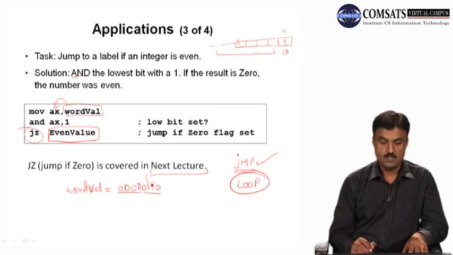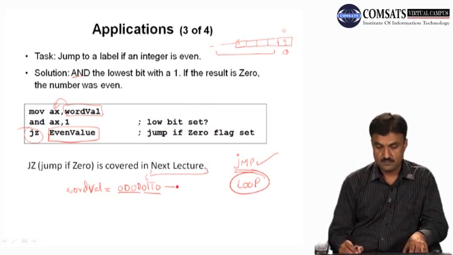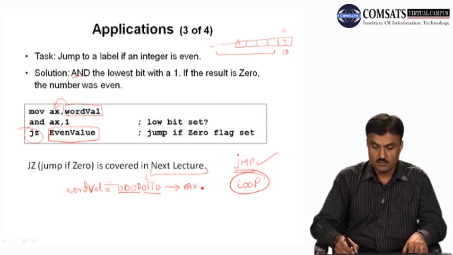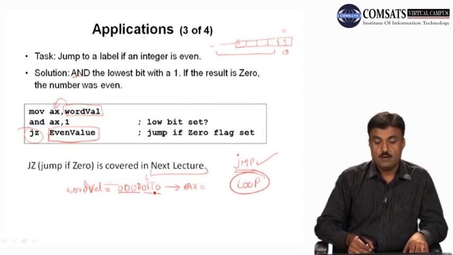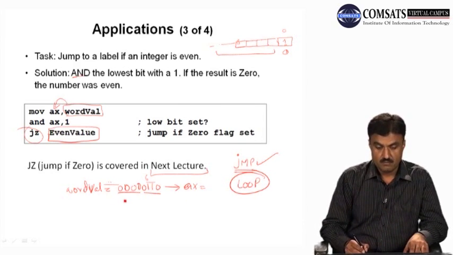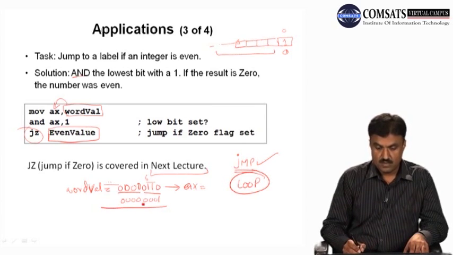If this is 6, we move this value to AX. AX is 16 bits, so assume there are some more bits here. So the value 6 has been moved to AX, and AX holds all these bit patterns. Now we perform an AND operation with zeros and then 0, 0, 0 and 1.